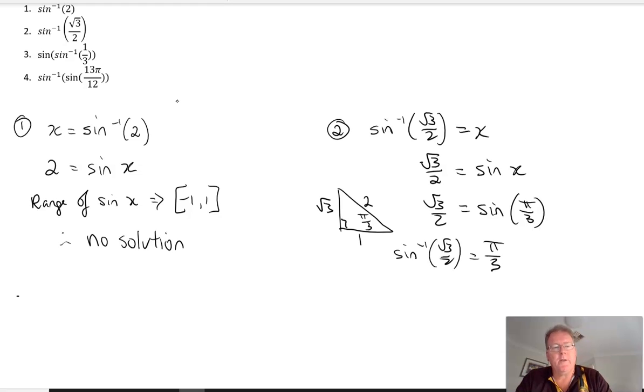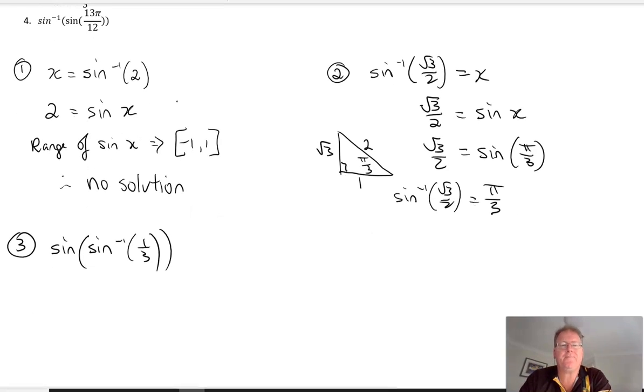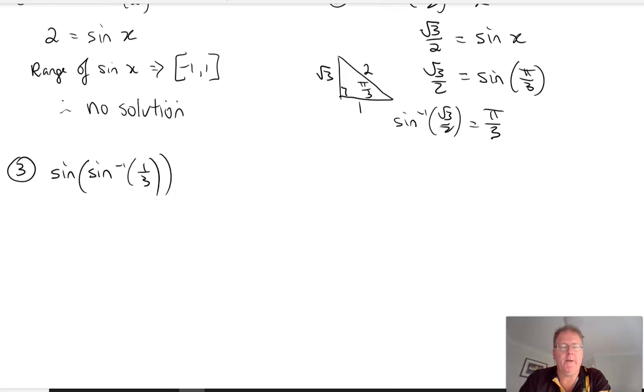Okay, let's look at question number 3. So we've got the sine of sine minus 1 of a third. Well, okay, that's a bit more complicated. We're going to discover a really nice relationship in a second, but let's do the math before it.